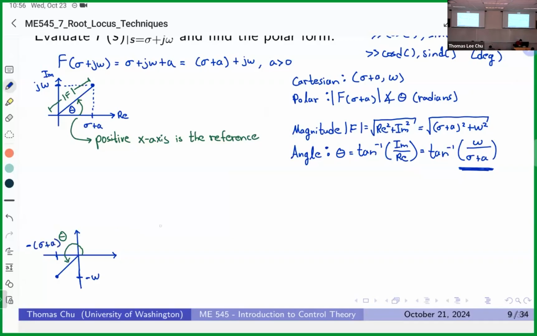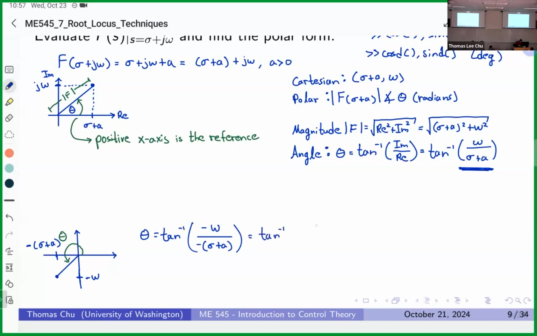So then here, our magnitude is going to be the same, but then our angle is going to be arctan of minus omega divided by minus sigma plus a. So the negatives are going to cancel out, and we get this.